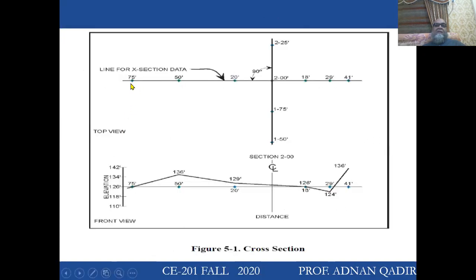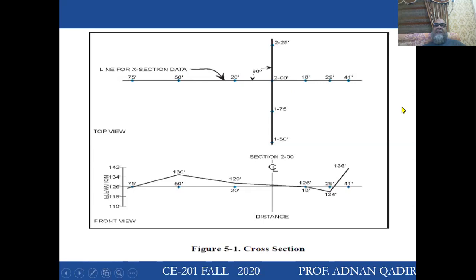For instance, I am surveying along this line. This is my center line, and at this point I will take the cross-sectional area. I am standing on this point, and I will take one level.